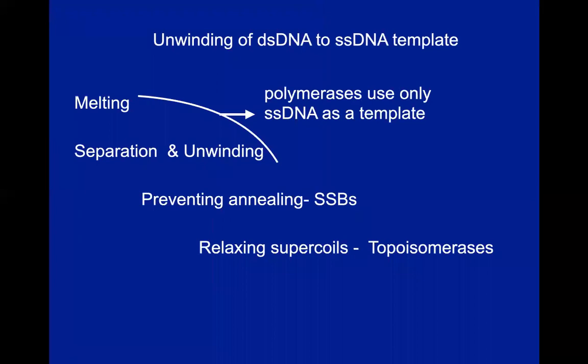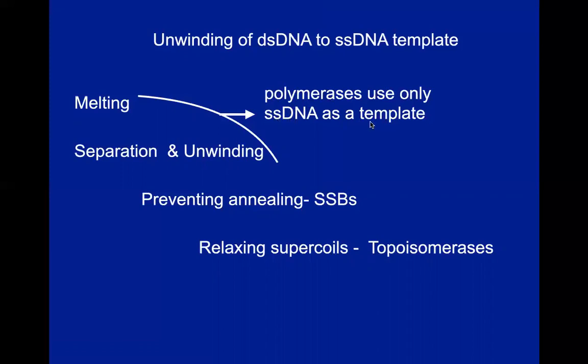The unwinding of double-stranded DNA to a single-stranded DNA template, that is melting, separation and unwinding. Why is this essential? The polymerases, which are the enzymes used in synthesizing new DNA by adding nucleotides to the DNA, can use only single-stranded DNA as a template.